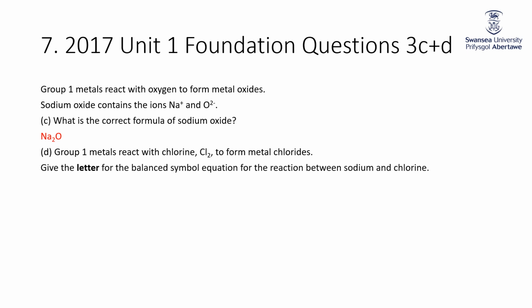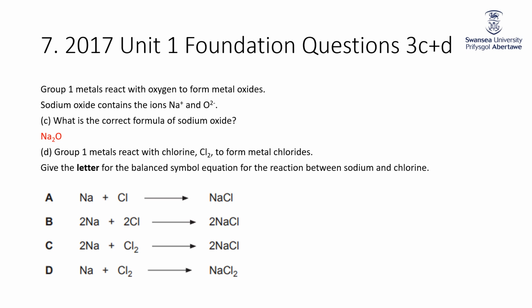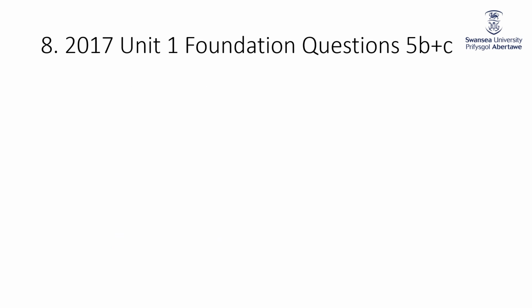So give the balanced equation for the reaction between sodium and chlorine from this list. And we should see the answer is C. As you have 2 sodiums on the left side, 2 chlorines on the left side, and then 2 of each on the right side. It's the only one that balances properly. As we know, chlorine has to be Cl2. That is its natural elemental state.